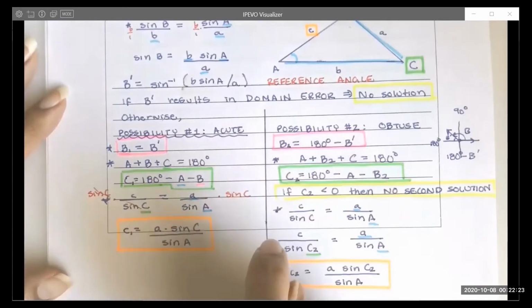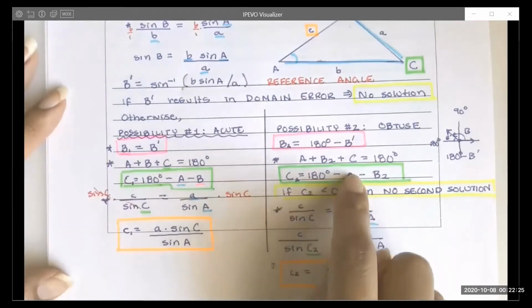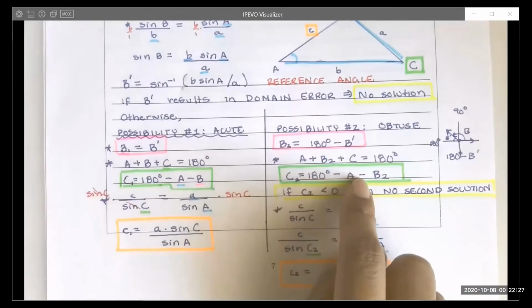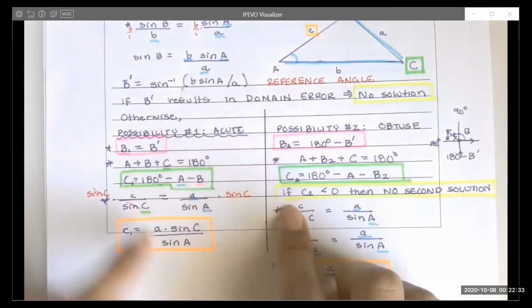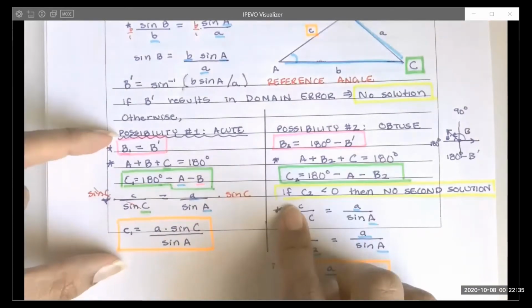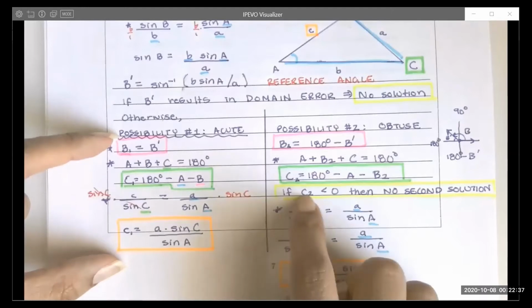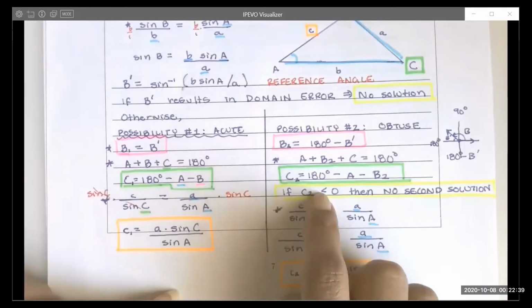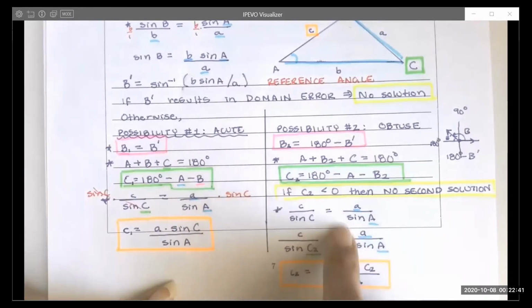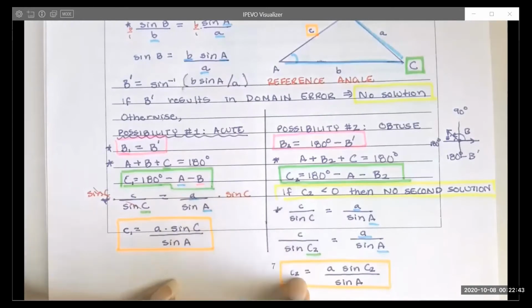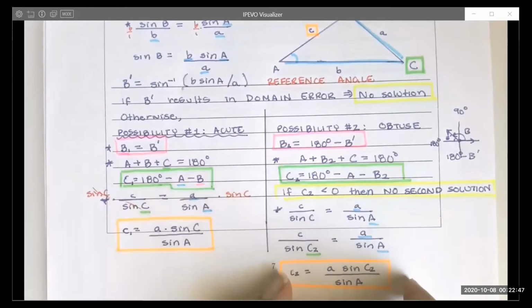If this turns out to be negative, then it's not possible to have that second triangle solution, so you would only have the acute possibility. But if it is positive, then you continue on with the work to find the last side, in which case, if you make it to this point, you'll have two triangles instead of one.